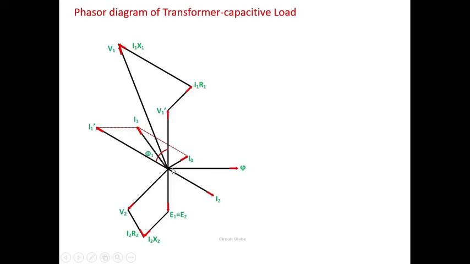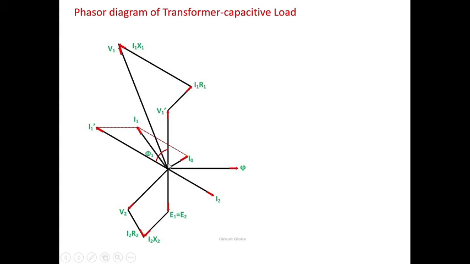Then here I0 is drawn, and for I1 dash, we have I2 and opposite to that we can draw I1 dash. The phasor sum of I1 dash and I0 gives us I1. According to this I1, we will be drawing I1 R1, the resistive drop. Then I1 X1 we will be drawing at 90 degrees to this.